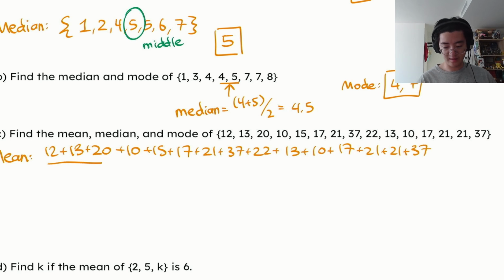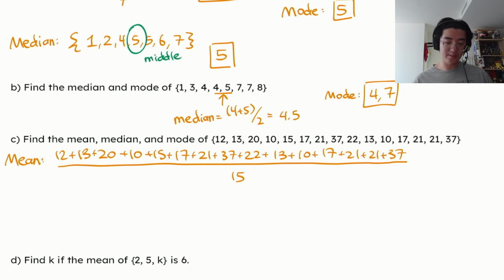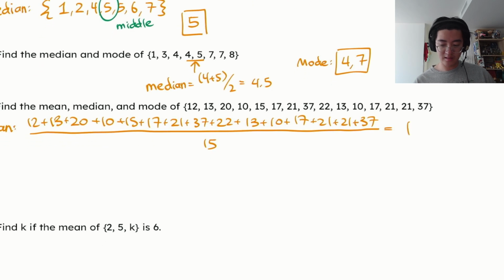Oh man, okay. Whew. There's a lot, because there are 15 total numbers: 1, 2, 3, 4, 5, 6, 7, 8, 9, 10, 1, 2, 3, 4, 5. So we add them up and divide that by 15 to get 1907. That's our mean.